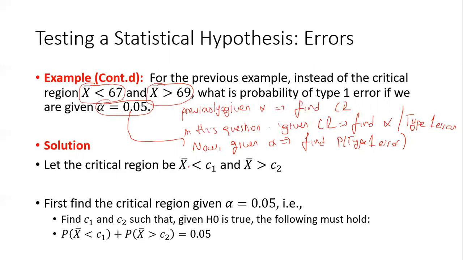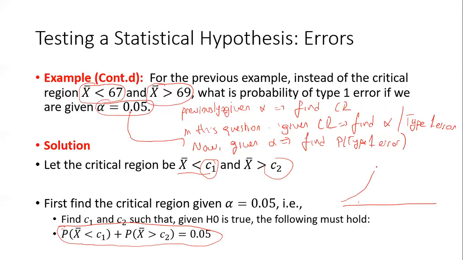Since alpha is given, I should find a critical region C1 and C2, so that if x bar is smaller than C1 or x bar is greater than C2, we will reject the hypothesis. So the probability of x bar smaller than C1 plus x bar greater than C2 will be equal to 0.05.